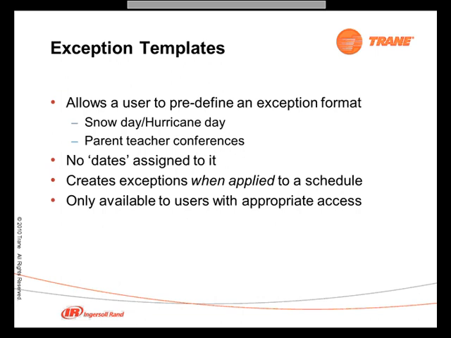In this case, the particular event has been predicted to have the possibility of occurring, but you do not apply that exception until you're notified to do so by a higher authority. And again, it's only available with the appropriate access.